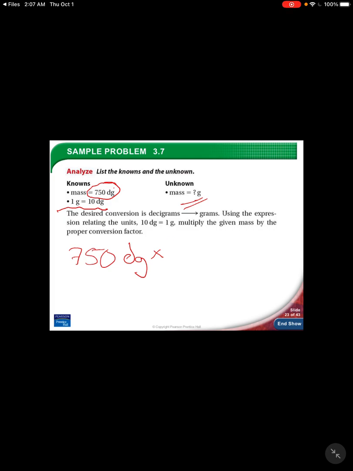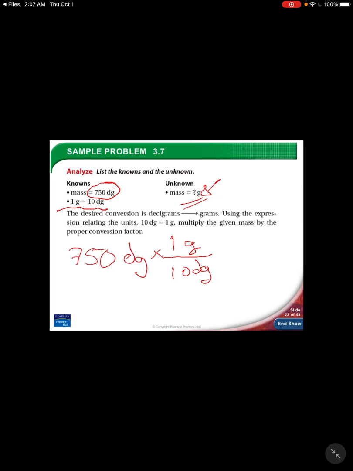What do I write? I want grams in the top because I want to end up with my units in grams. And my conversion factor would have the decigrams in the denominator. So I multiply that by 1 gram per 10 decigrams, not the other way around, not 10 decigrams in the numerator and 1 gram in the denominator.